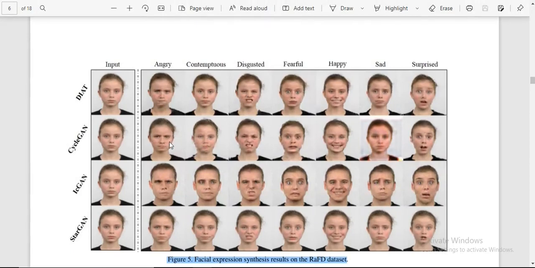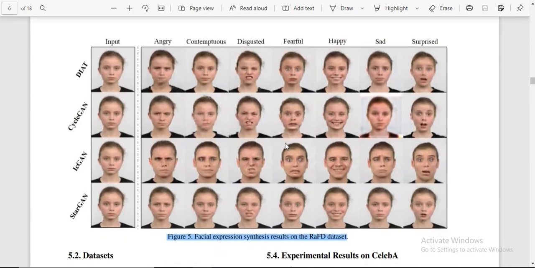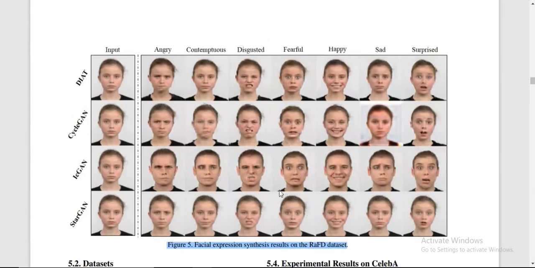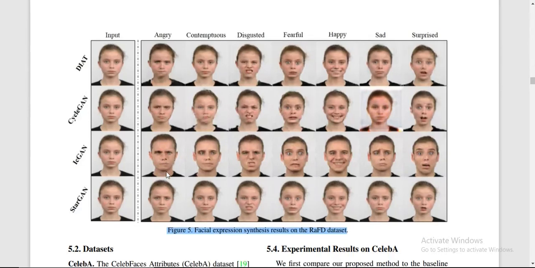And if you see this CycleGAN, angry seems somehow good, but on this expression it is blurred, and the others seem satisfactory, but StarGAN seems more realistic, right? And for example, in this paper here it is low resolution, and the angry seems angry, right? So that is the IcGAN output.